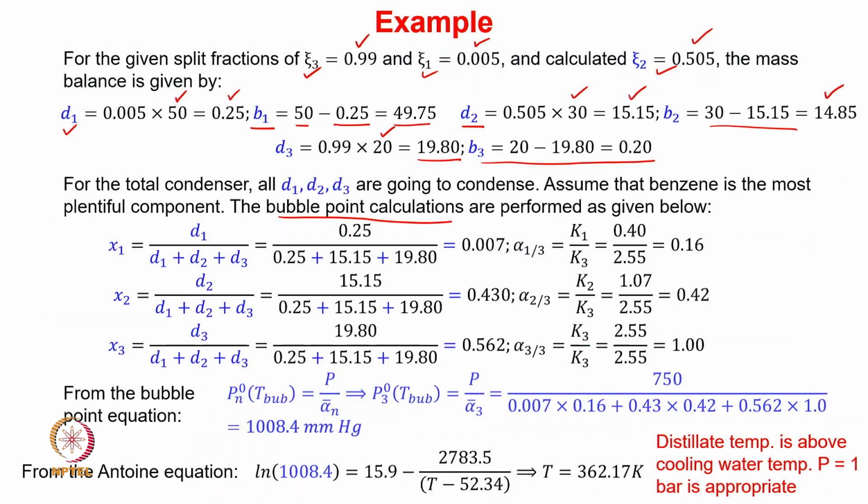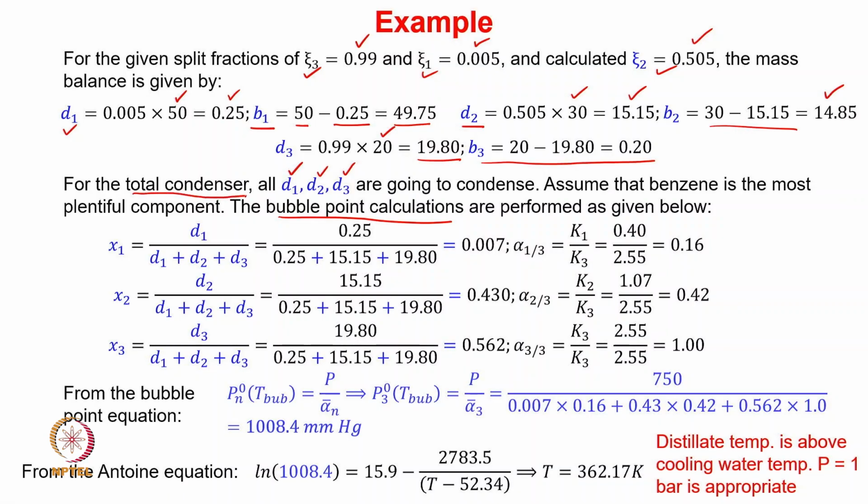Okay, so now once we have obtained D1, D2, D3, remember D1 is the molar flow rate of component 1, D2 is the molar flow rate of component 2, and D3 is the molar flow rate of component 3 in the top product. And this entire thing has to be condensed. If you are taking the total condenser, all this D1, D2, D3 has to be condensed, because that's a total condenser.